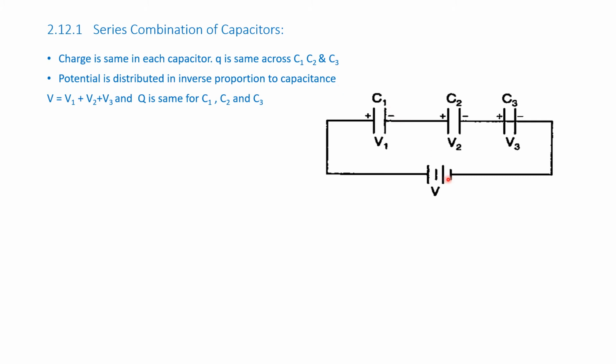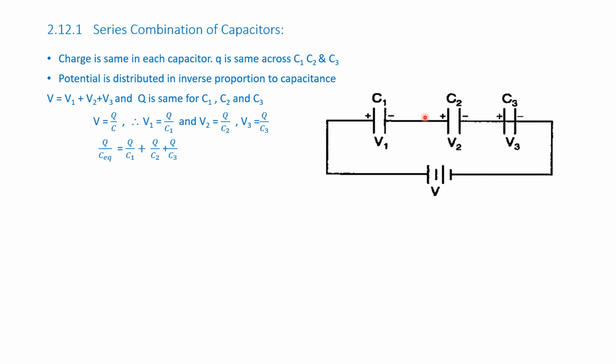So as said earlier, V is equal to V1 plus V2 plus V3 and Q is the same for C1, C2, C3. So V is equal to Q by C. Hence V1 will be equal to Q by C1 and V2 will be equal to Q by C2 and V3 will be equal to Q by C3.